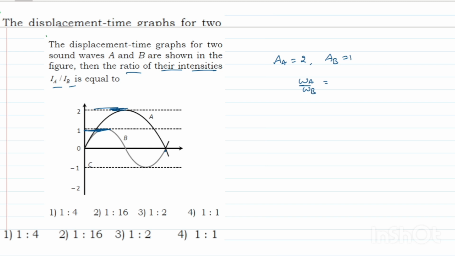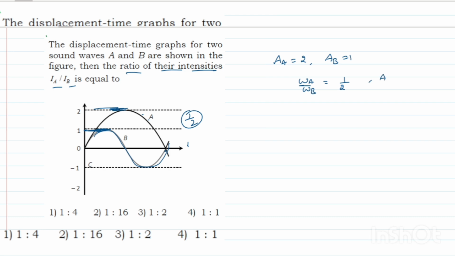Omega A is going to be completing half of the wave compared to omega B. If B completing one full wave is considered as 1, A is completing half of the wave. So omega A by omega B you can take as 1 by 2 by 1, which is 1 by 2, students.